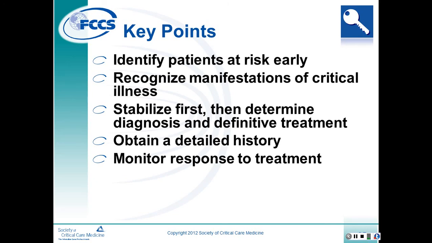Obtain a detailed history, but do it in the secondary survey. Remember, during the primary survey, it's very simple, ABCs. The secondary survey, we get more into it. And then, as you do things, monitor your response to treatment, and take the next step. And the one thing they didn't put on this slide that I will re-emphasize is document, document, and document.